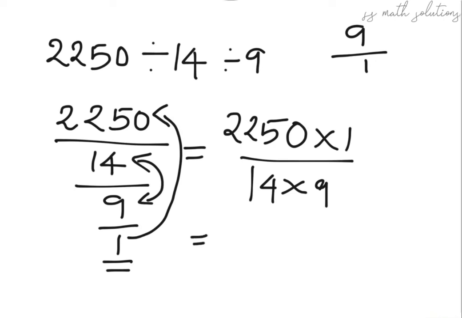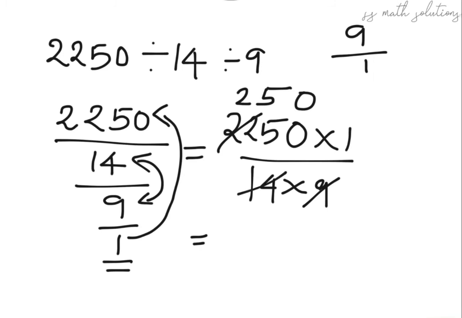Now I know that 9 and 2250 have a common factor, so we cancel with the 9. 9 2s are 18, remainder 4, that gives 45. 9 5s are 45, then 0 only. 250 I got. Now 250 and 14 are there, and I can cancel them with 2.